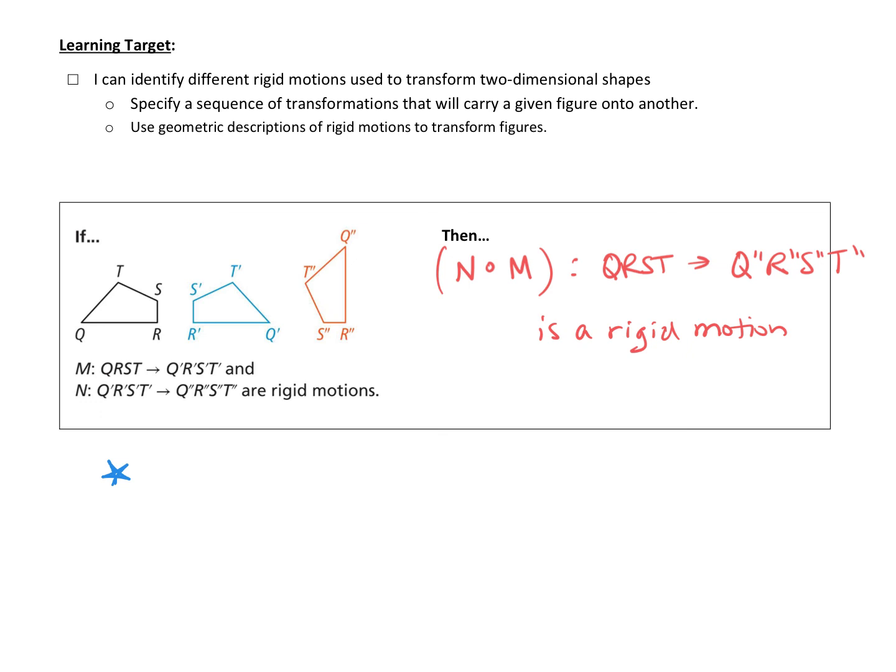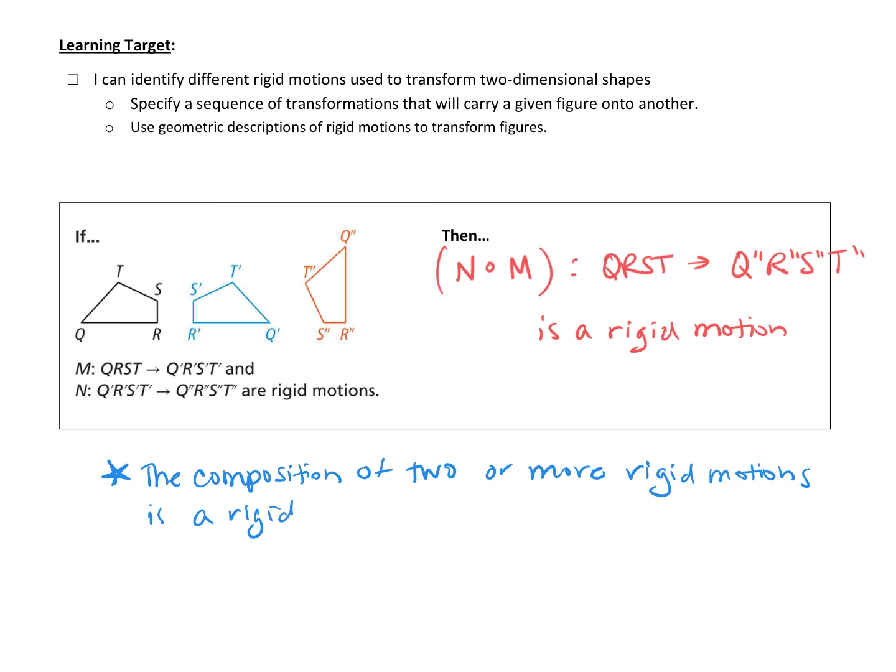The composition of two or more rigid motions is a rigid motion. Remember rigid motion, we've been hearing that throughout this topic. It preserves angle measure and length.